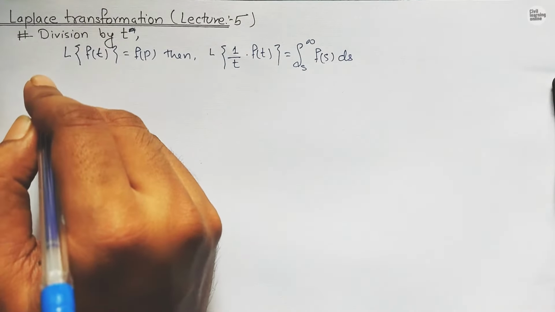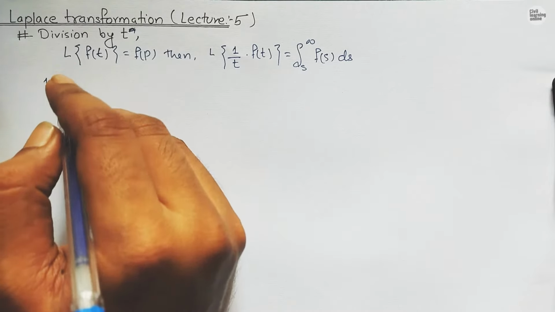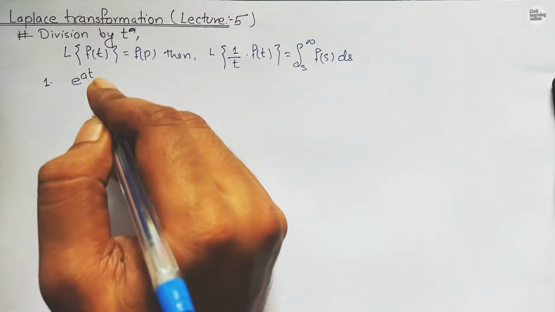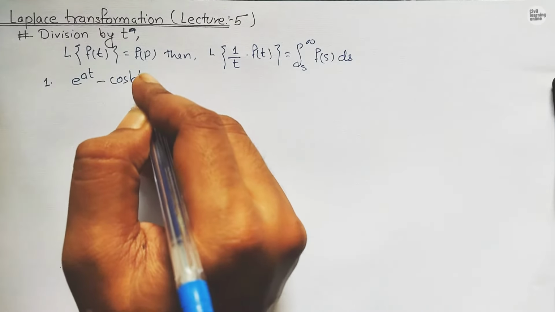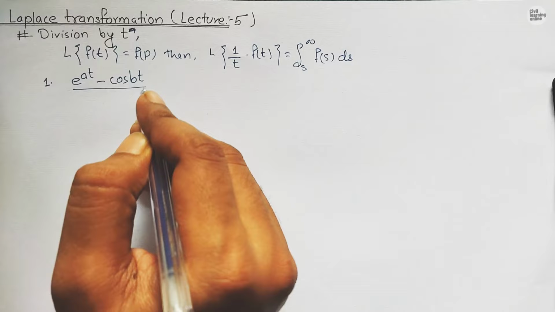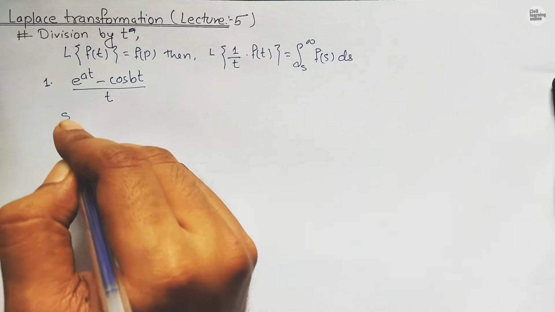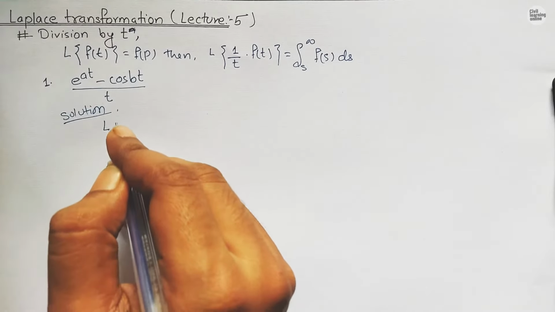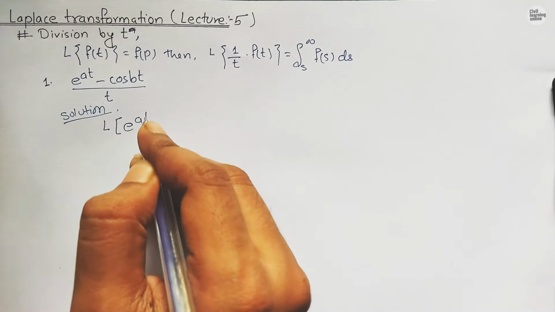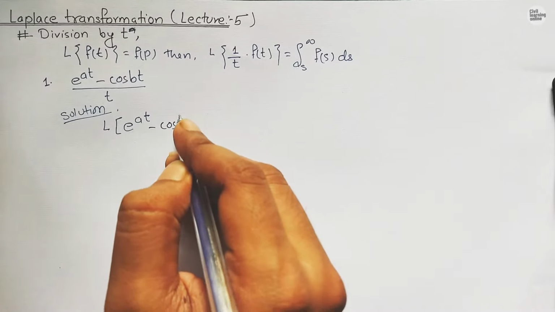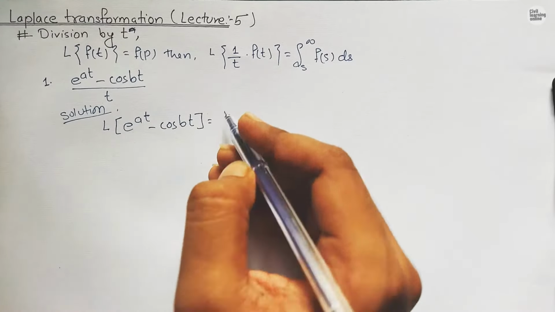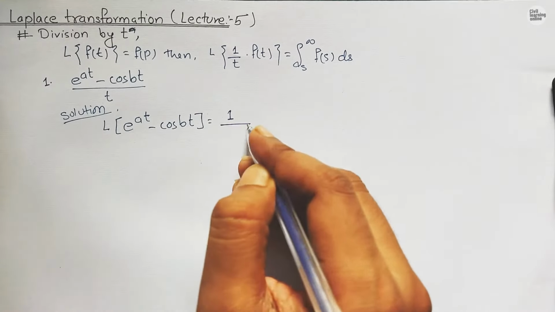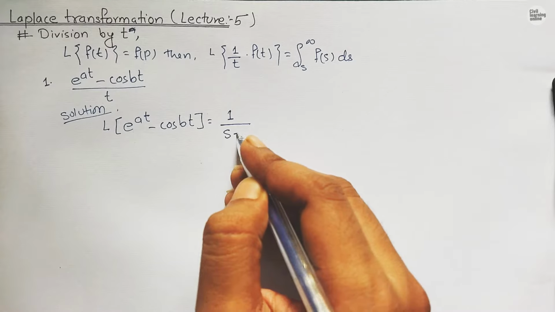Now let us move toward the solution of the numerical problem. Question number 1 is e to the power at minus cos bt upon t. We know that the Laplace transformation of e to the power at will be 1 upon s minus a.